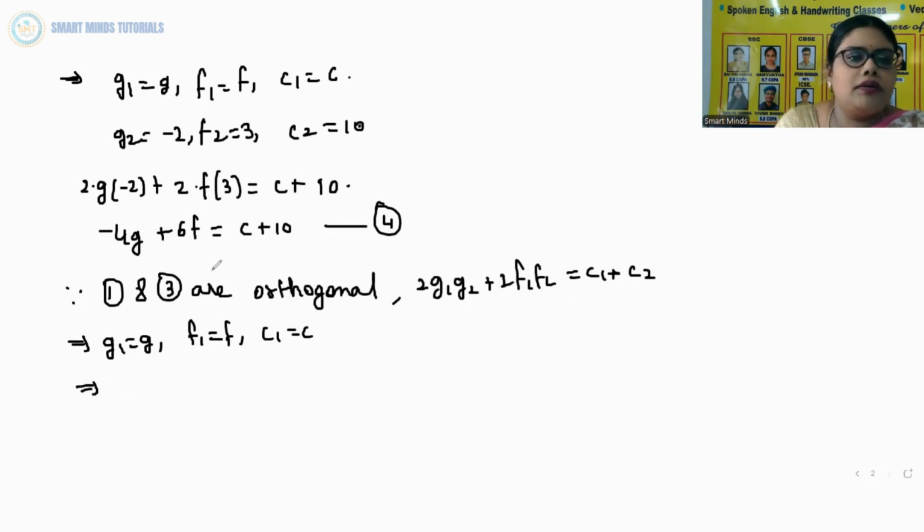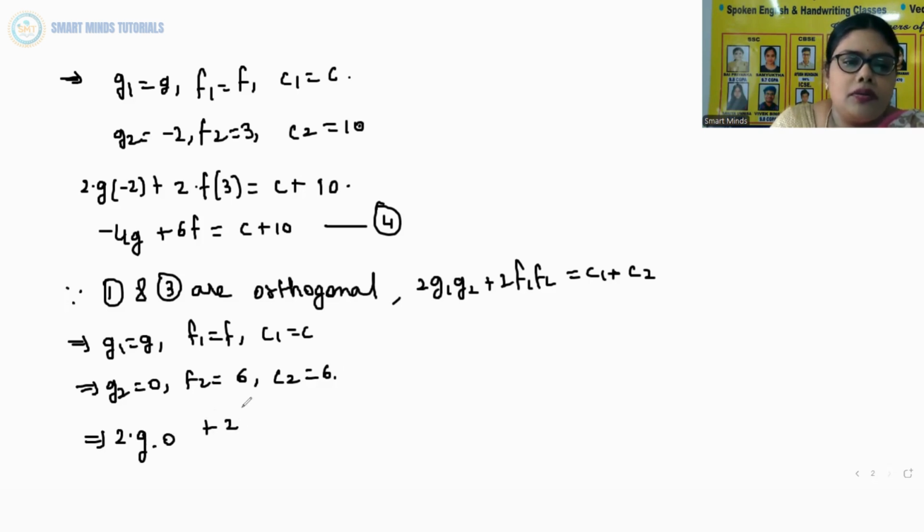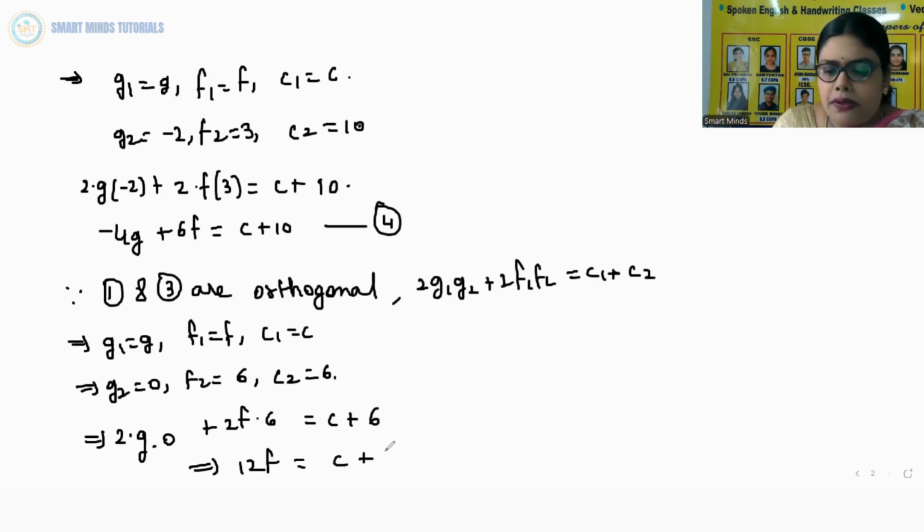Now from the third equation we get g2, f2, c2. There is no x term here, so g2 will be 0 and f2 is 6, c2 is 6. Now you substitute here: 2 into g into 0 plus 2 into f into 6 is equal to c plus 6. So you will get 12f is equal to c plus 6.